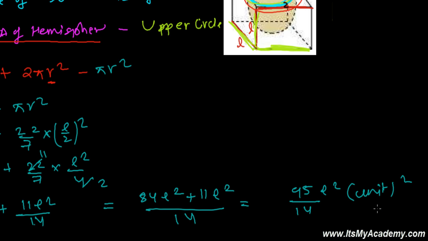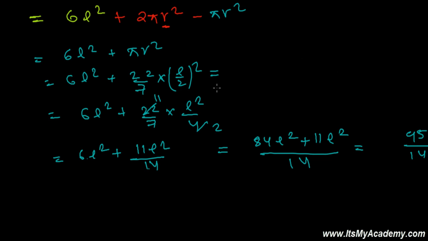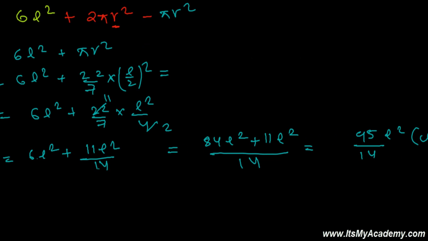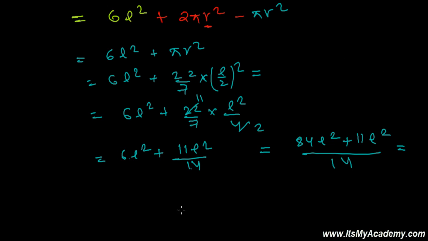That's our answer. The final answer in your book may not be as we got, 95L square over 14. It may be without putting the value of pi, like 22 by 7. You leave it as pi, so it's 6L square plus pi L square over 4.